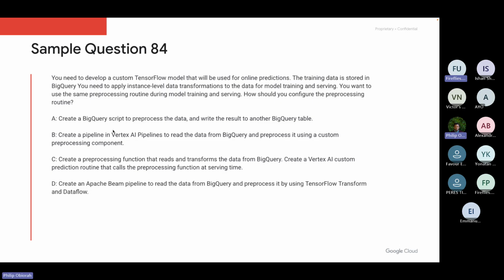See, A says create a SQL script to pre-process and write the result to another BigQuery table. Now, if we do this, why should it not be A? If we do pre-processing in BigQuery, very great for training data sets, right?